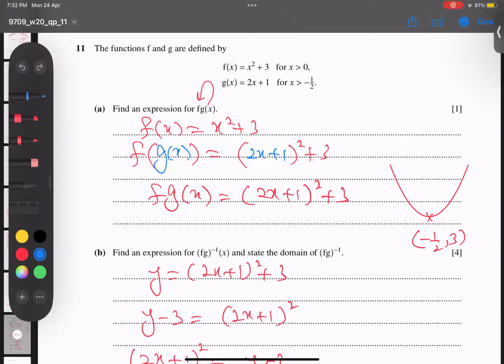Okay, it means it is increasing, it is going right side. That is the way we have to observe here.